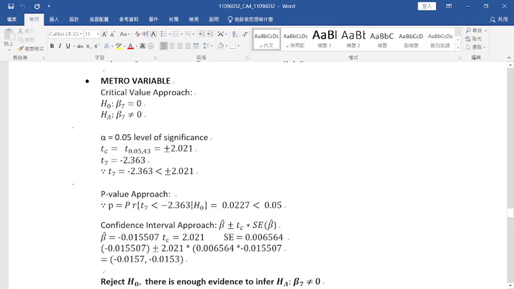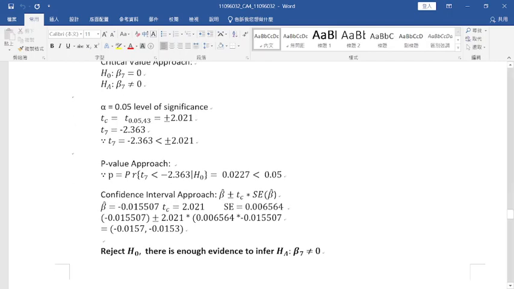Since this is a two-sided test, our critical value changes from 1.684 to positive and negative 2.021. Comparing the t-test value that we got, it still falls in the rejection region. For the p-value approach, we don't need to divide it by 2.